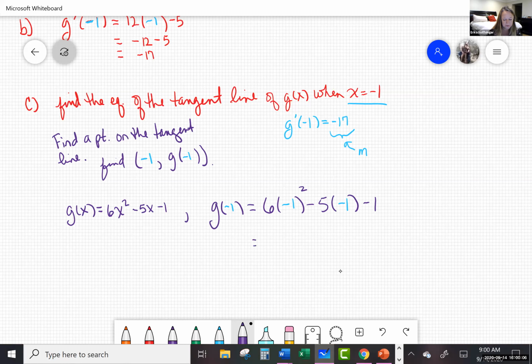Exponents first. -1 squared is 1, times the 6 in front is 6. -5 times -1, so plus 5, minus 1. 6 plus 5 is 11, minus 1 is 10. So we have a point at -1 and 10. And again, we said our slope was -17.